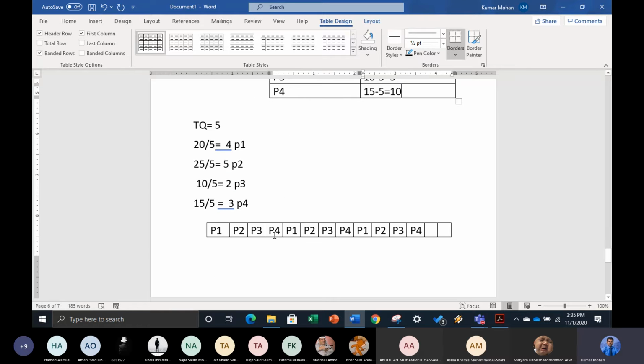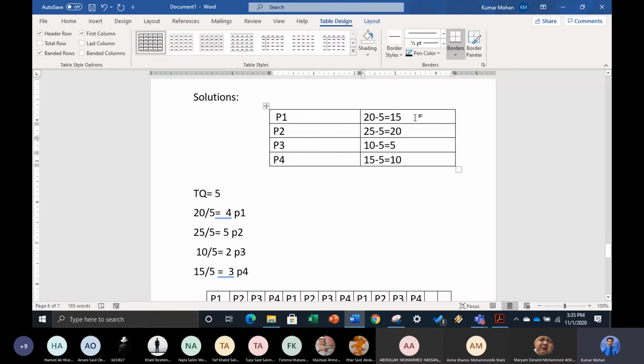So in one round I completed P1, P2, P3. In the second round, minus 5, minus 5, minus 5 again: 10, 15.